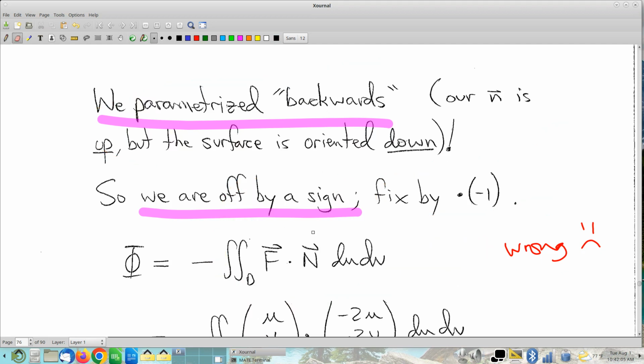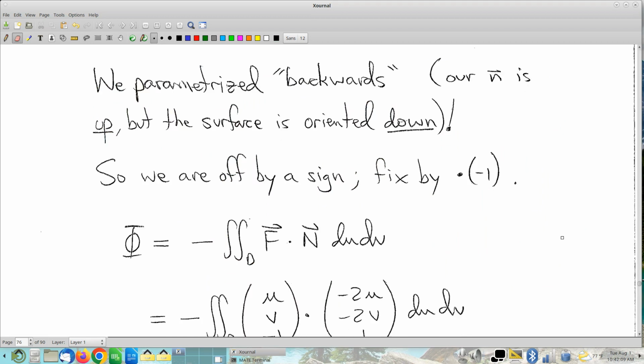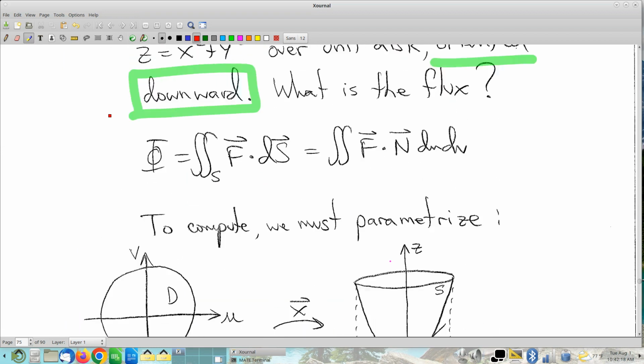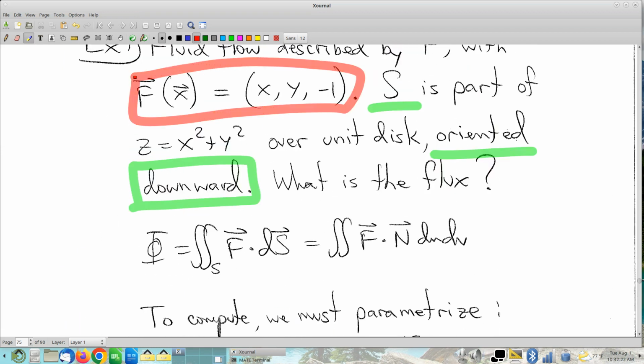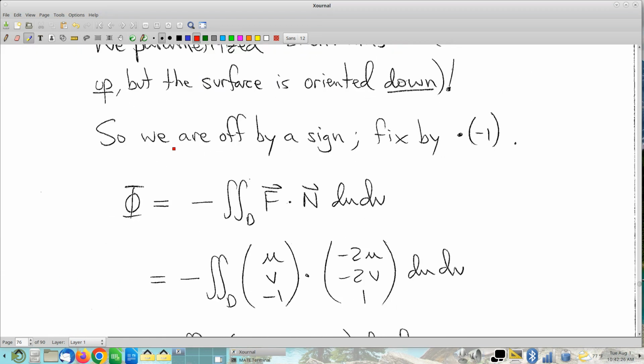Okay. So, I can get this done. Let's see, now here's where we're going to plug in. Our vector field is going to make an appearance now. Reminder, our vector field is x, comma, y, comma, minus 1. So I'm going to write down x, comma, y, comma, minus 1. Wait a minute, I need it in terms of u and v.